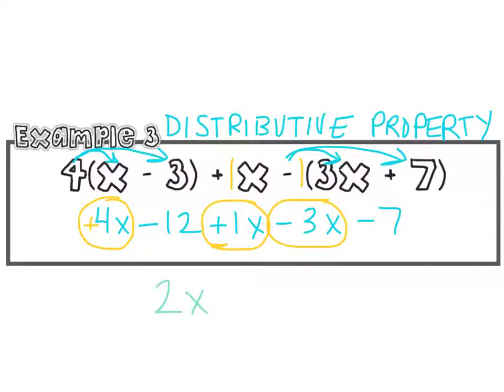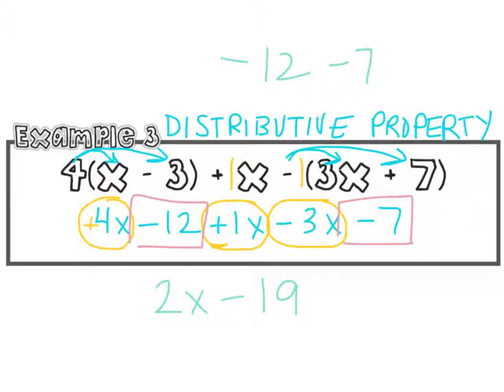And then for our constants, negative 12 minus 7. Be careful here with your negatives, or your integers. Negative 12 minus 7 is a negative 19. And that is our simplified answer. So for this one, we had to distribute, use that distributive property, and then combine like terms.